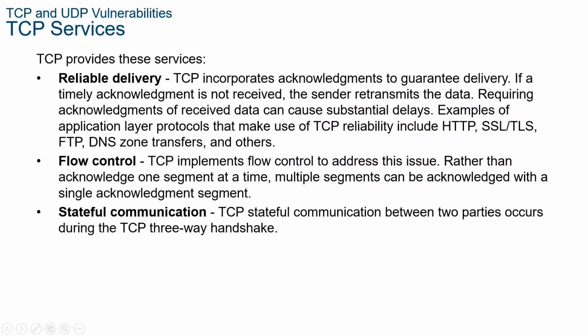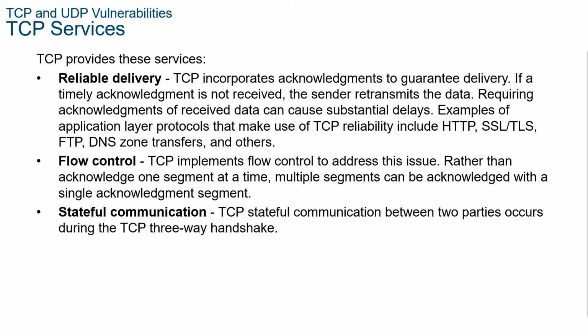TCP provides these services: reliability delivery, flow control, and stateful communication. So under the reliability delivery, TCP incorporates acknowledgements to guarantee delivery instead of relying on the upper layer protocols to detect and resolve errors. So if a timely acknowledgement is not received, the sender retransmits the data.